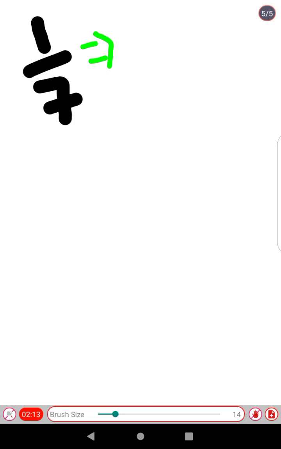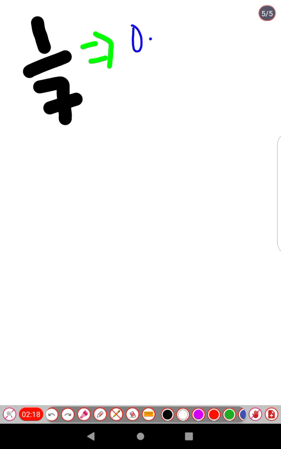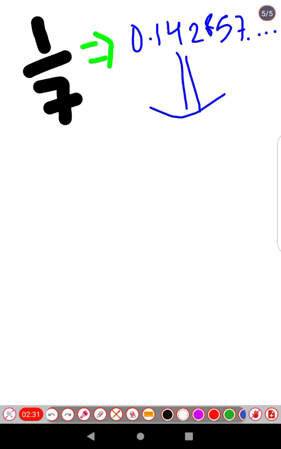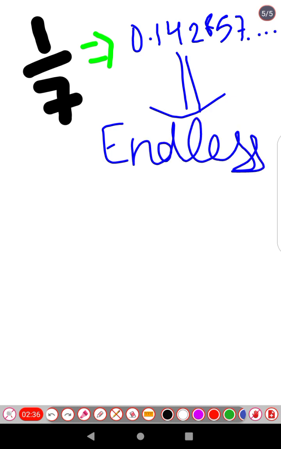Then we are having example 1 by 7. And if we'll divide, we'll be getting the answer as 0.14285 and so on. So this is also endless. It has no ending point.